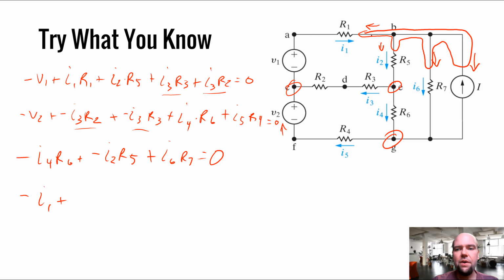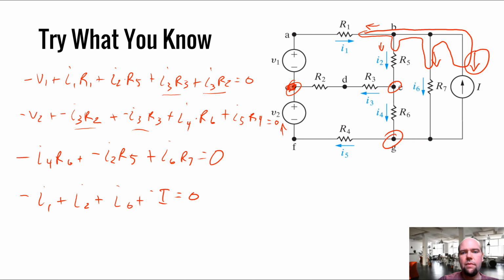The current flowing down on the left is I2. Then we got I6. And what's that current here? Well, that current is the opposite direction of I, so it's going to be negative I. All that equals 0.